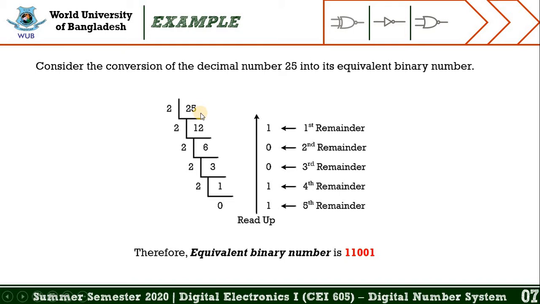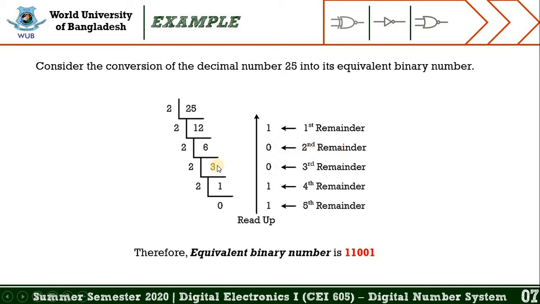So let's start. 25 divided by 2, we get 12 in the quotient part and a remainder of 1, which is the first remainder. Next, 12 is again divided by 2, we get 6 in the quotient part and a remainder of 0, which is the second remainder.